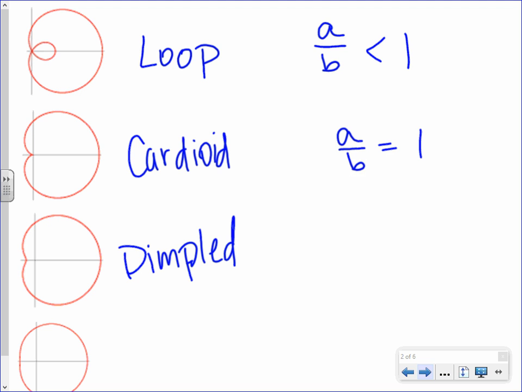If you have a dimple on your face, it kind of goes concave a little bit. This is a dimple limacon. This is when A over B, we like to say is bigger than 1, but hey, there's a 4th option. So this is when A divided by B is between 1 and 2.